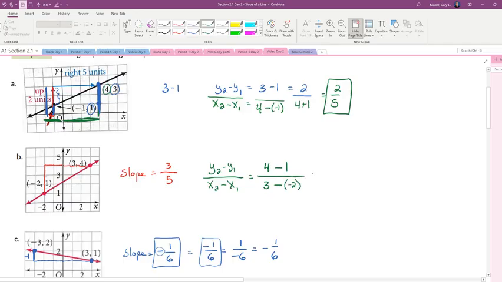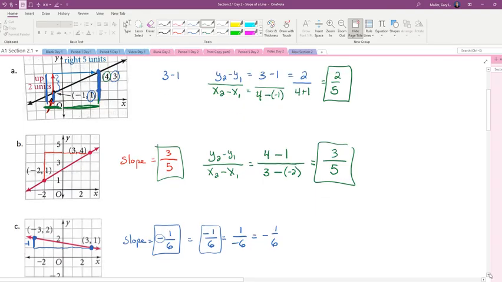We cannot drop a negative. We have to do what it says. So finding the difference between two things, you subtract them. Whether one of them is negative or not, we include all the negatives in the problem and we just do the math. So 4 minus 1 is 3. 3 minus a negative 2 is 3 plus 2, which is 5, which is what we said it was by counting.